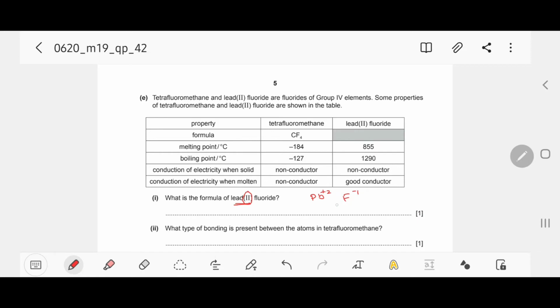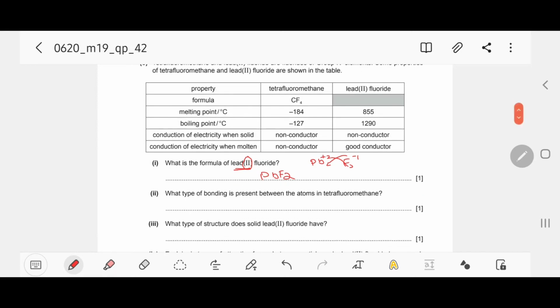If you crisscross, the 1 will come here and the 2 will come there, so it will turn out into PbF2. Part 2 asks what type of bonding is present between the atoms in tetrafluoromethane. This is covalent bonding that is present inside tetrafluoromethane.